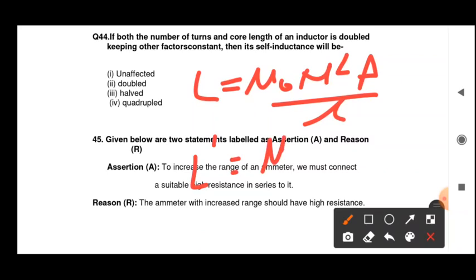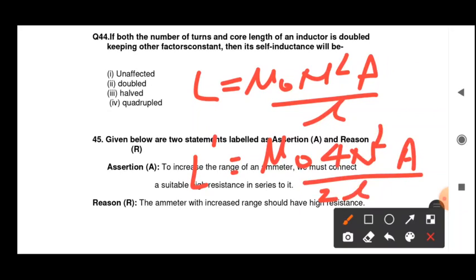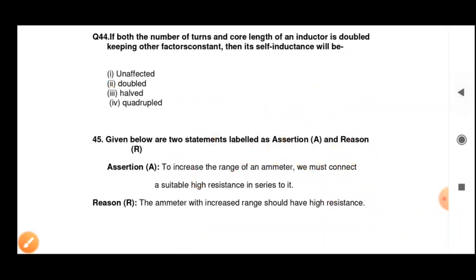So mu 0, if n is doubled, then this will be 4n square A divided by now 2L. So if you solve this one, 2 here, we will obtain 2 times our self inductance. So here it will simply be doubled.